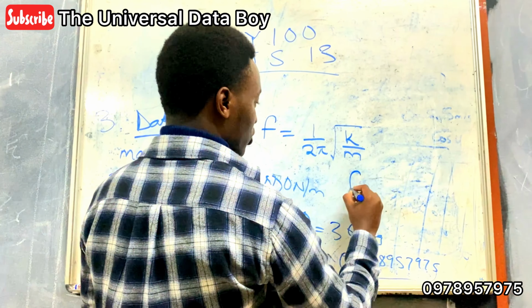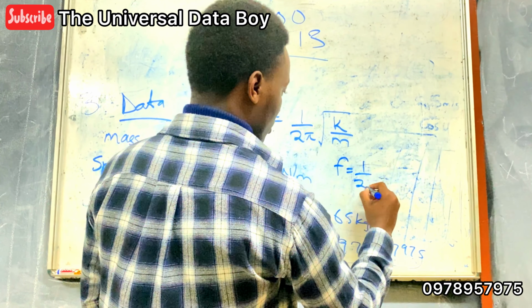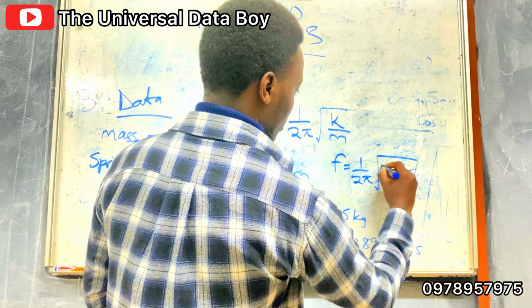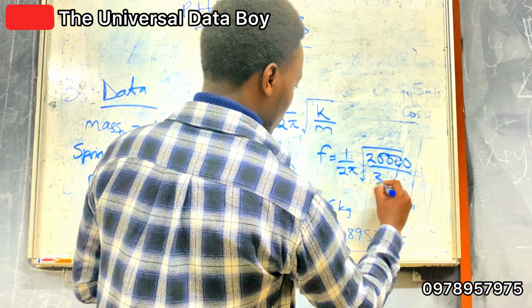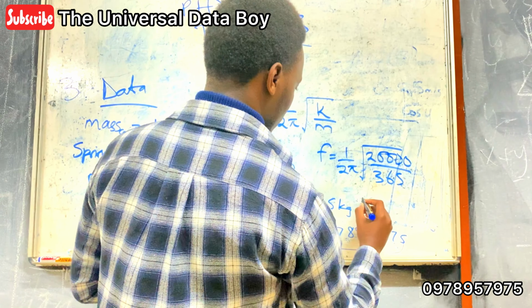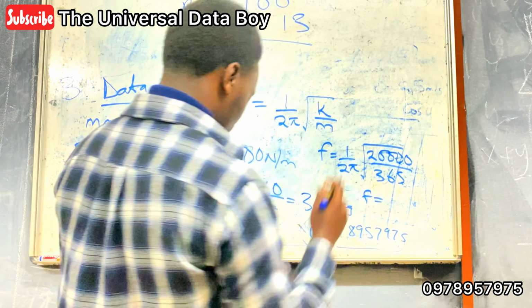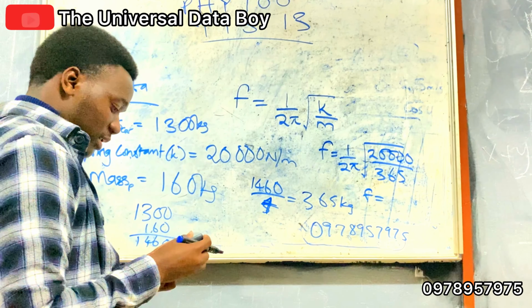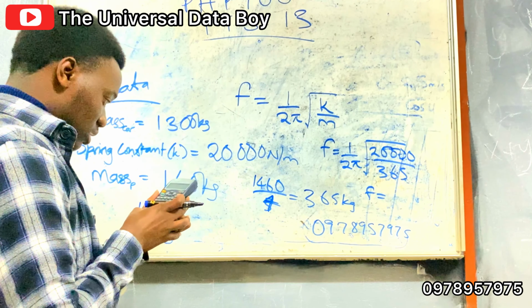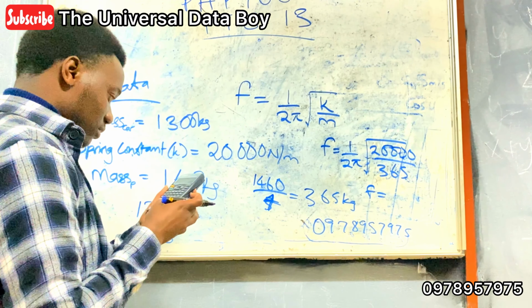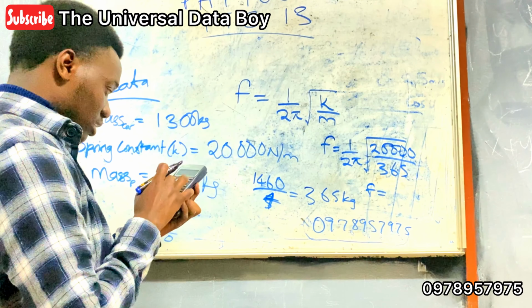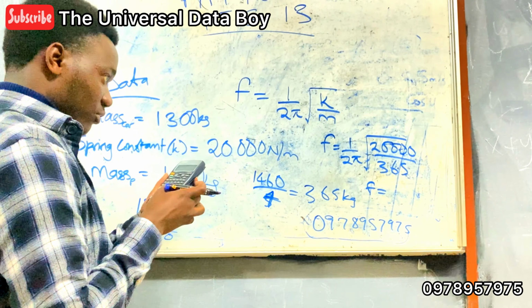So what we're going to do is plug it in. So I've got 2,000 divided by 365, and then we find the square root of what's inside.